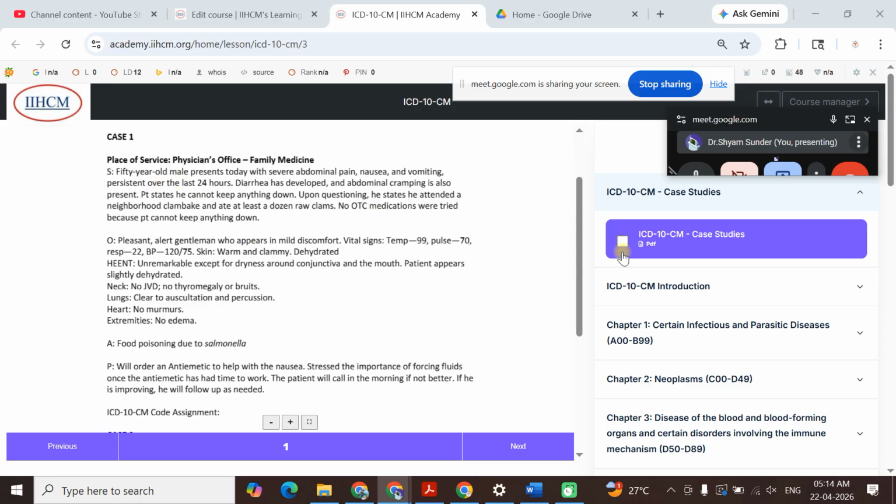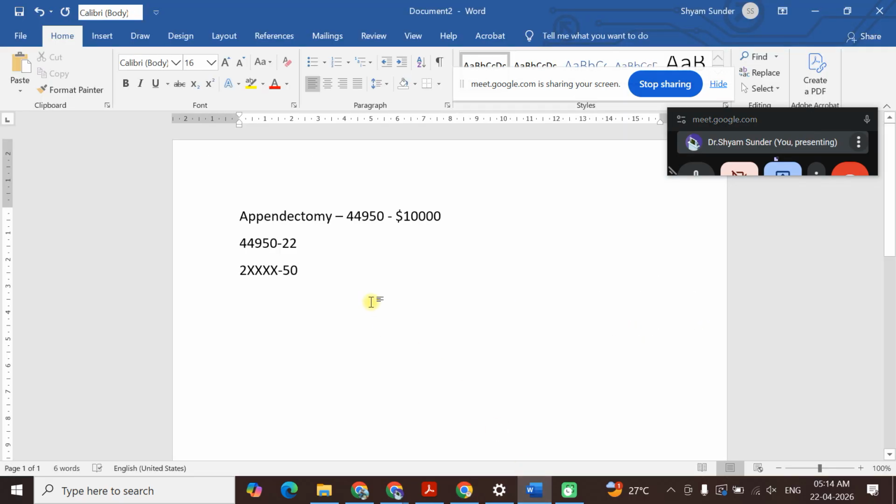Now, the management. What is management? It is MDM. So history, exam, and the third one is MDM. Management means MDM, medical decision making. Medical decision making includes assessment.